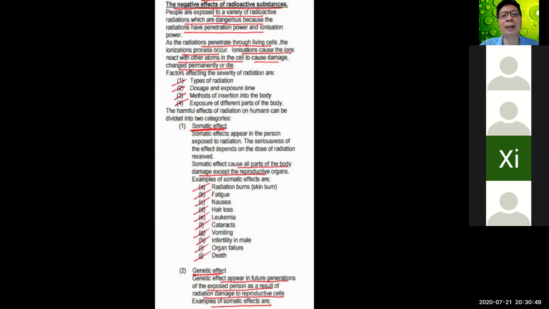Next one is Pong Yong Eun. Pong, are you there? Yes, sir. The seriousness of this radiation, it depends on what?